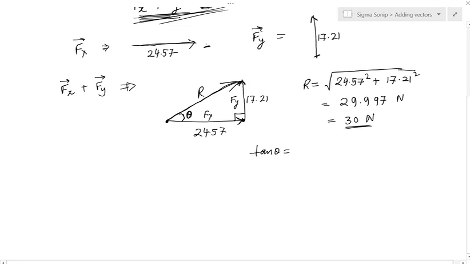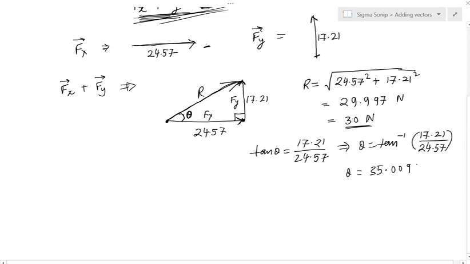So tan theta is equal to 17.21 divided by 24.57. That gives you theta equals tan inverse of 17.21 over 24.57, and that angle, if you use your calculator, you will get is basically 35 degrees.